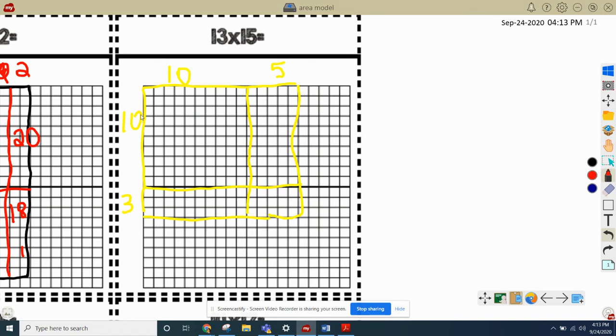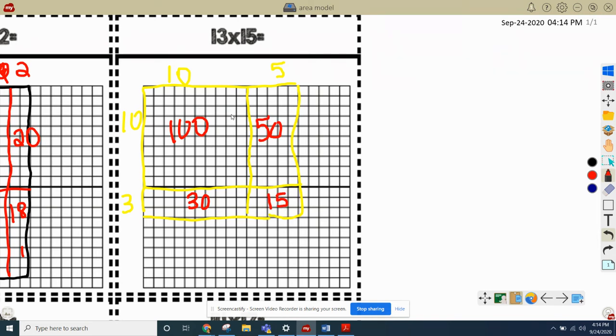So again, this box represents 10 times 10, so it's 100. This box represents 3 times 10, so it's 30. This box represents 10 times 5, so it is 50. And this last box represents 3 times 5, which is 15.